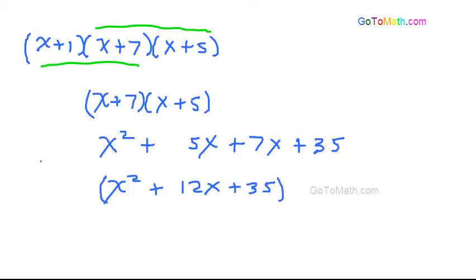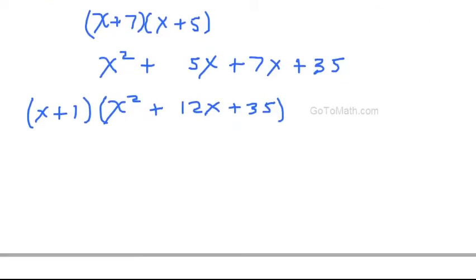Now, I'm going to go ahead and bring this x plus 1 down. Now, we want to multiply this x plus 1 times the x squared plus 12x plus 35. So we have x times x squared is x cubed. x times 12x is 12x squared. x times 35 is 35x.